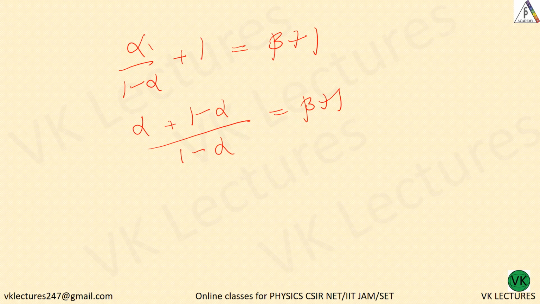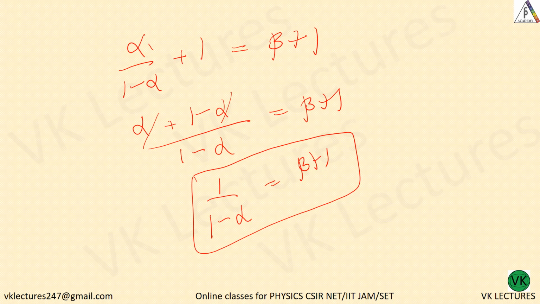So alpha and alpha get cancelled. So 1 divided by 1 minus alpha equal to beta plus 1. This is the relation between alpha and beta. The first one is also correct, there is no problem. This was also your previous question, I think, the relation.